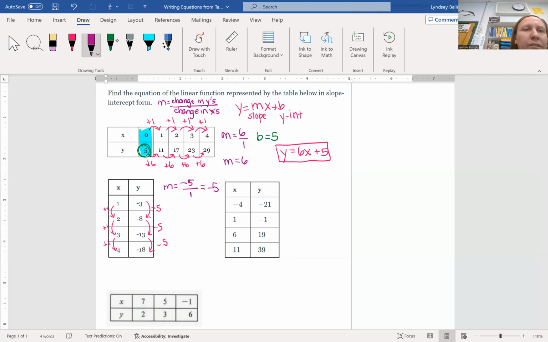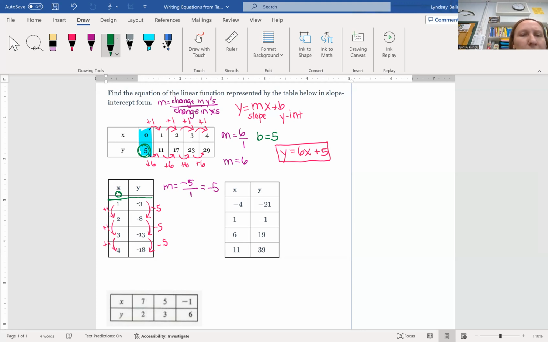Now for my y-intercept, unfortunately, I don't have a 0 for any of my x's. But what I can do is pretend, I'm going to squeeze it in here. If my table starts at 1, what if I added an extra row in here and put in that x of 0?